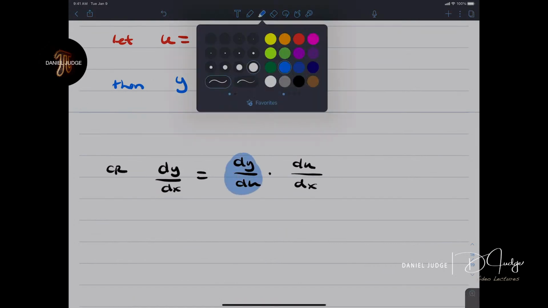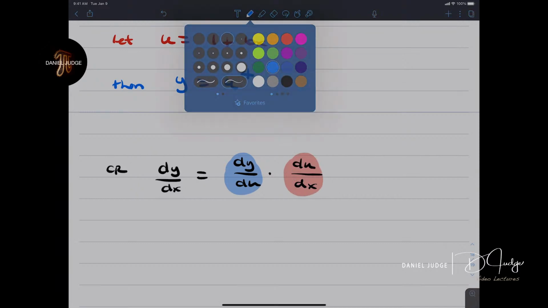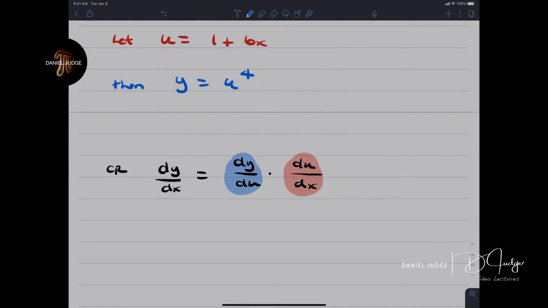dy du, du dx. So let's find dy du. So dy du, d du of u to the fourth, is just 4u cubed.